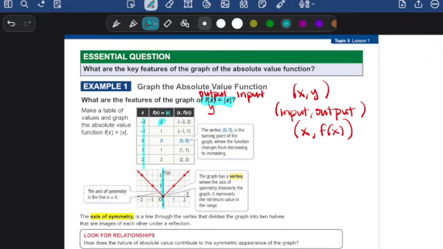We start at 0, and then we have an upward facing V. So our axis of symmetry is at 0. And our vertex, it's the point where we change directions. That will always be on the axis of symmetry. So remember, your vertex will always be on the axis of symmetry.